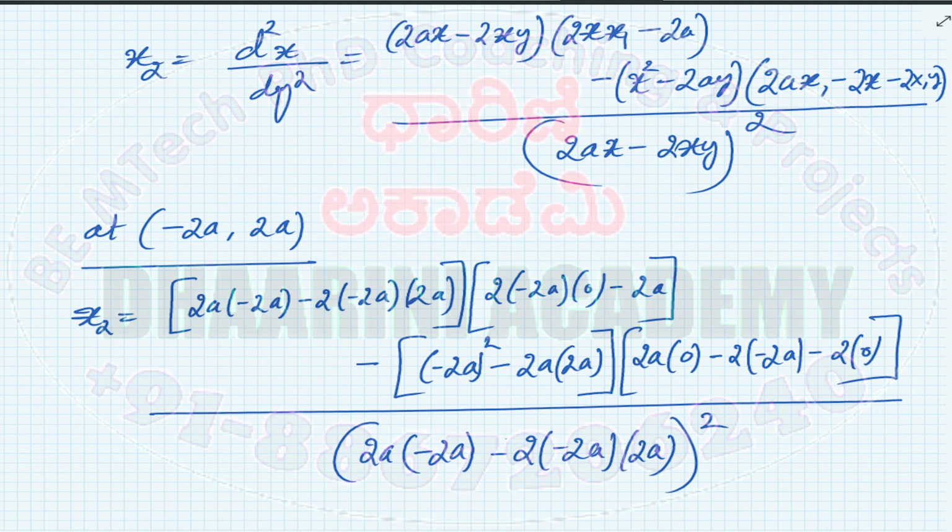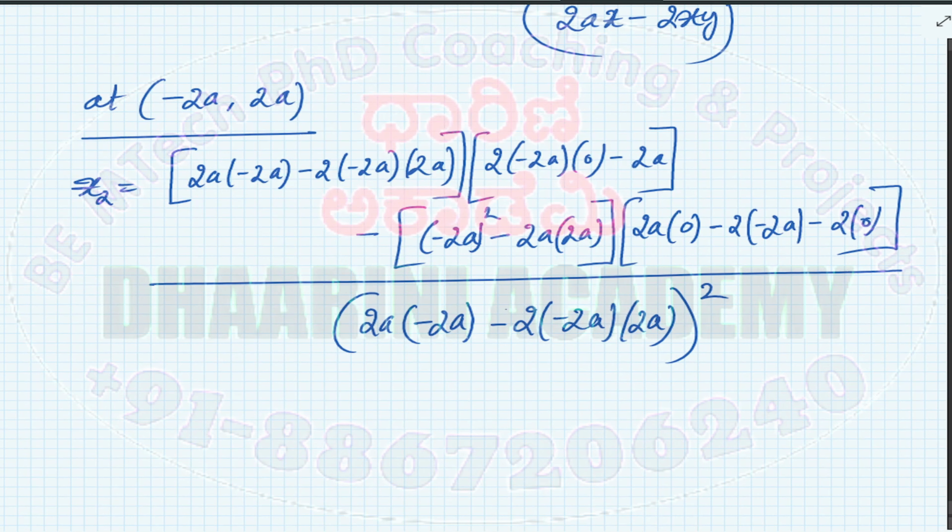Okay, now let us simplify this. So the numerator is minus 4a square plus 8a square. So 8 minus 4 is plus 4. So you can see that the first term coming up is equal to 4a square. So the term is 0.